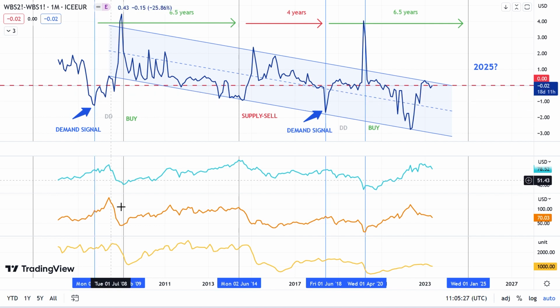So what happened? The oil price collapses, and at the bottom, the yellow line, what we see is the number of oil rigs, and this is aggregate of the main oil producing nations, the US, Iran, Venezuela, Saudi Arabia, and so forth. So you see the number of active oil rigs collapses because price goes down.